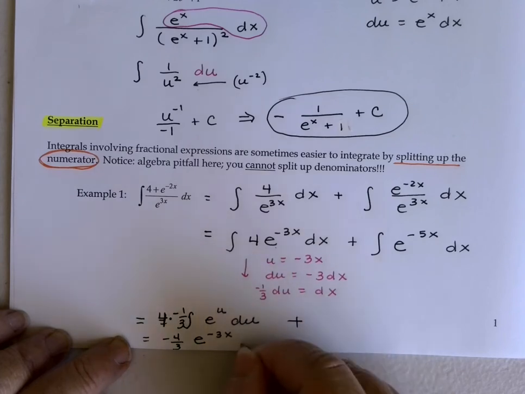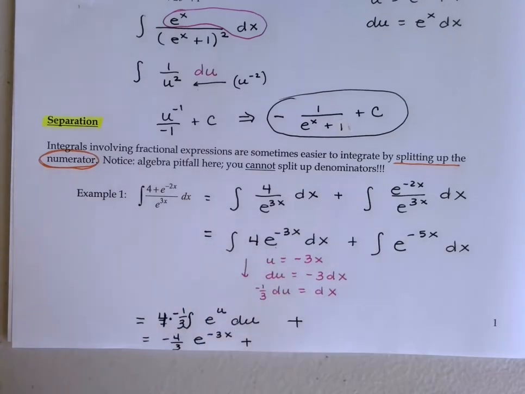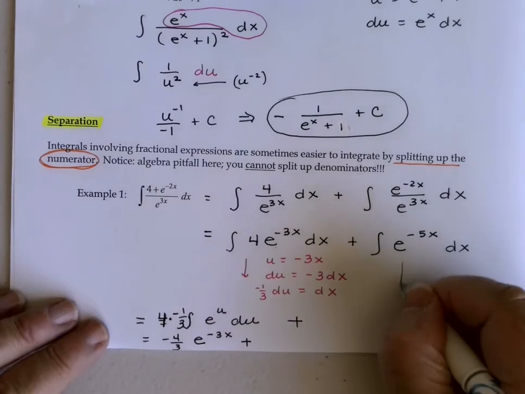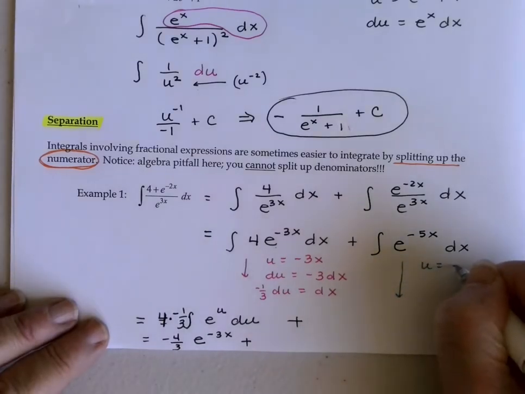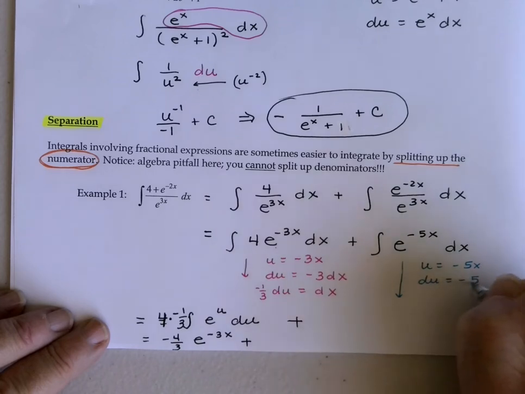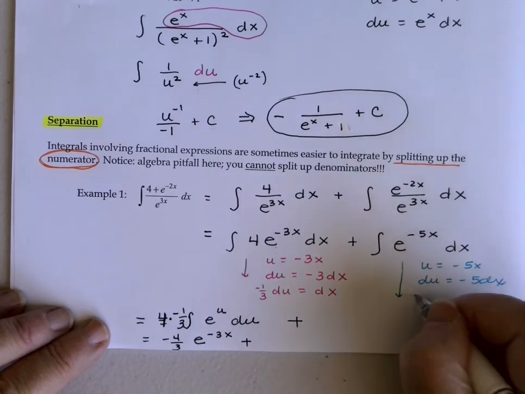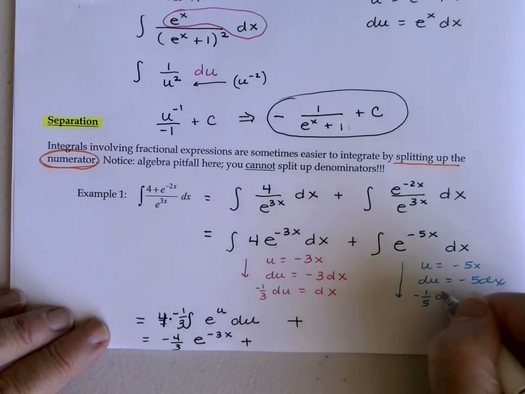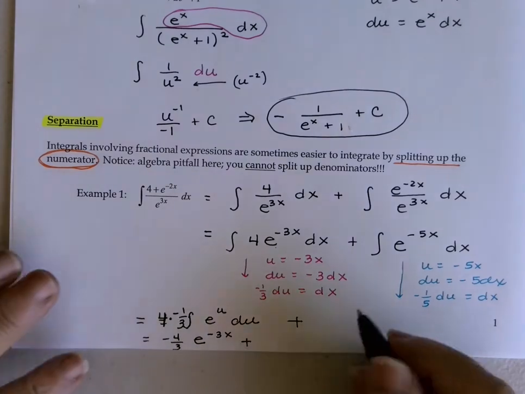So plus, this guy's same idea. u is negative 5x, so du is negative 5 dx, and we end up with a negative 1/5 du equal to dx.